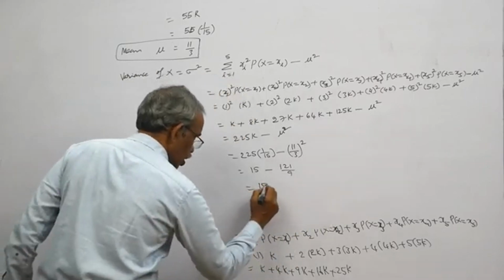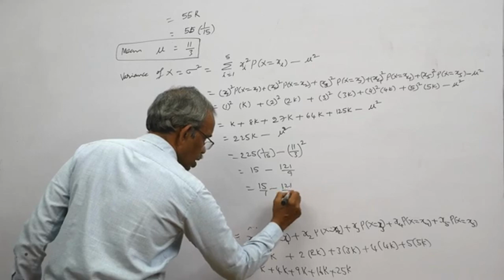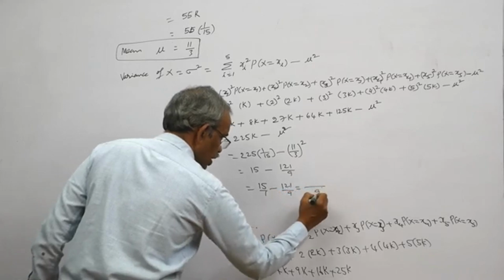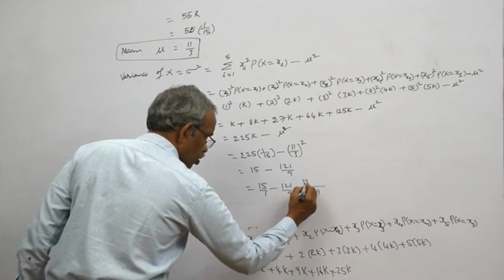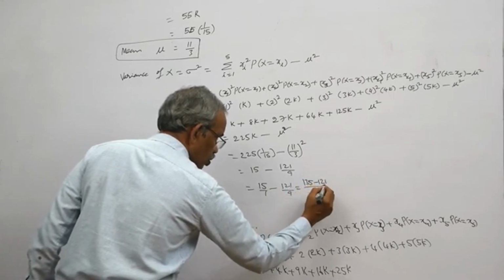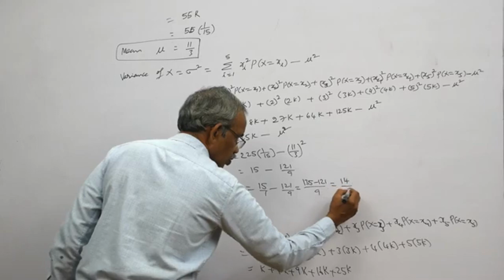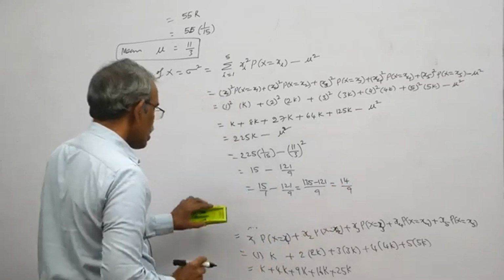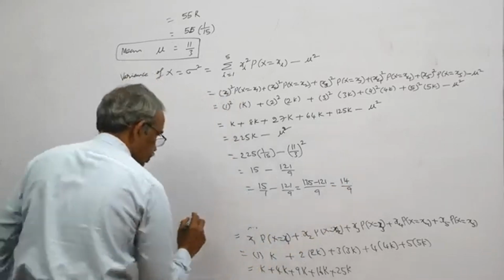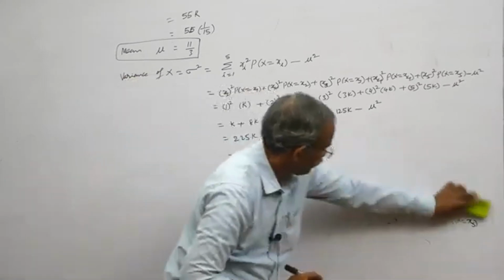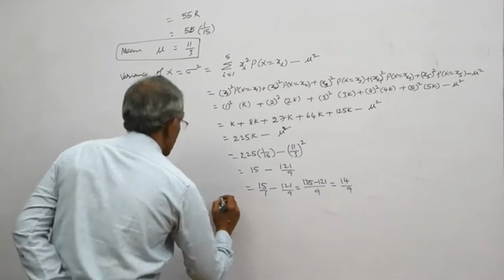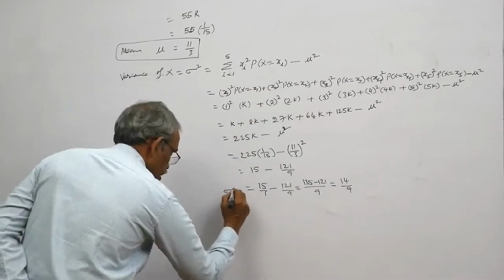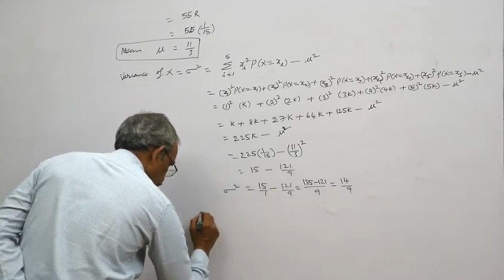This is equal to 15 by 1 minus 121 by 9. Then we take the LCM 9. 9 into 15 is 135, minus 121. That is equal to 14 by 9. This is the variance of x. Sigma square is equal to 14 by 9.